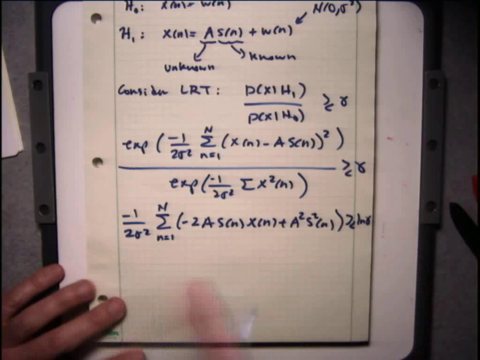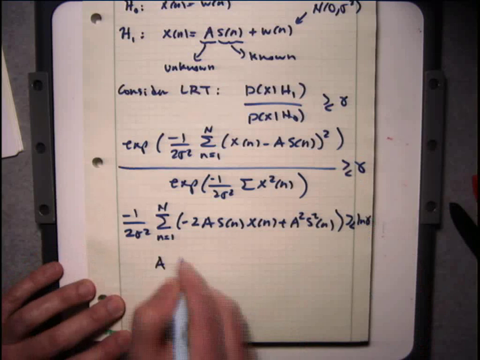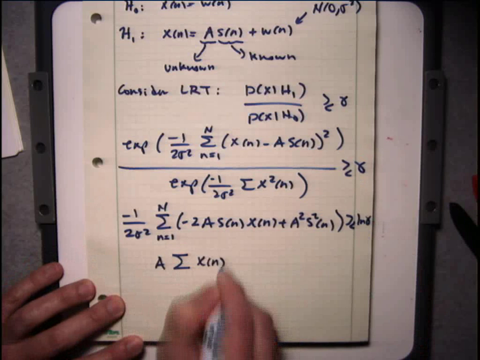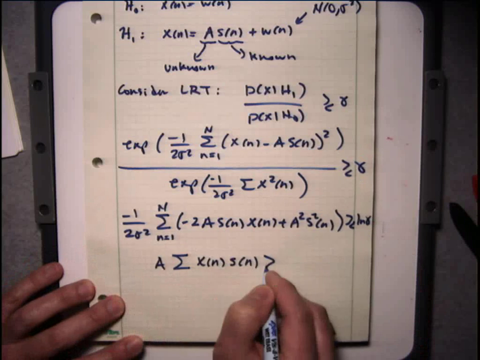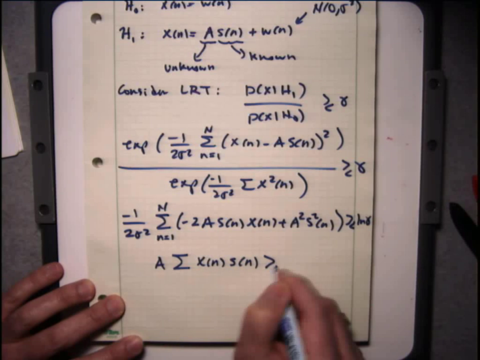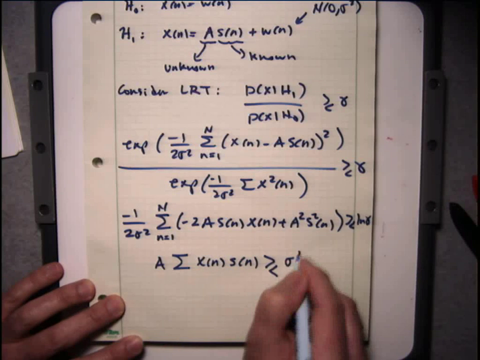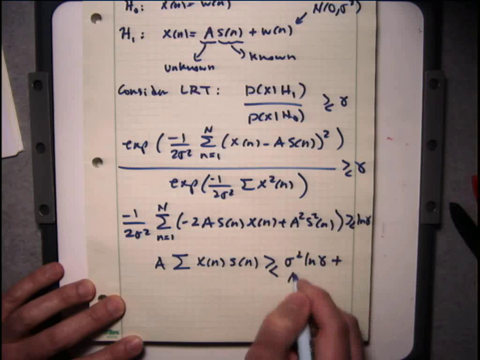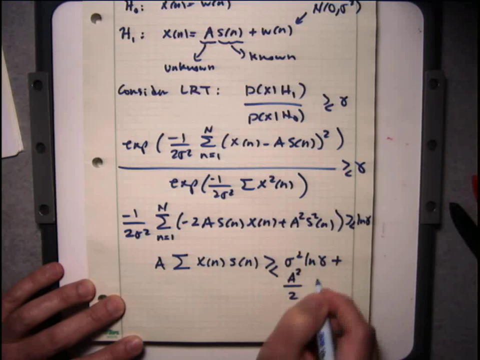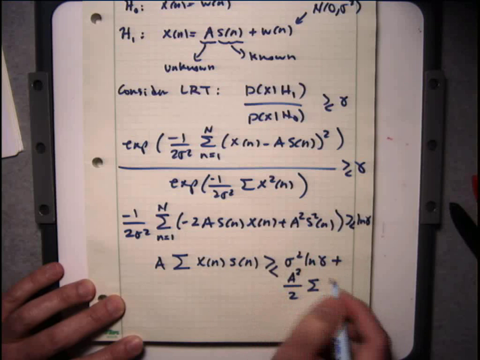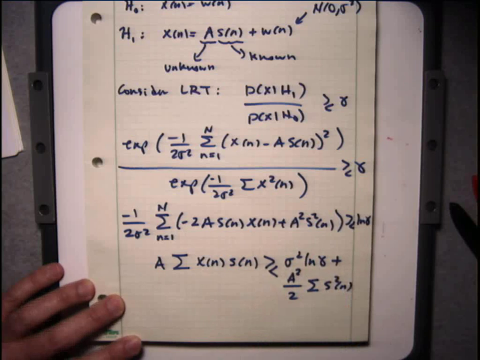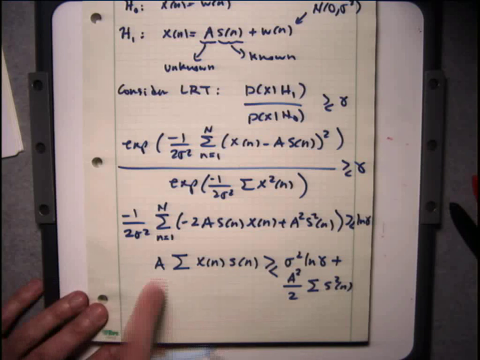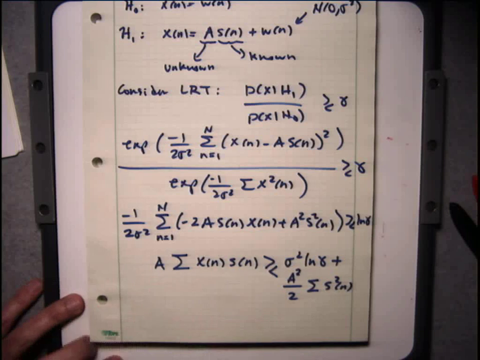To simplify it one more step, what you get is A times the sum of x of n s of n compared to sigma squared log of gamma plus A squared over 2 times the sum of s squared of n. So this whole thing is a threshold. Now, I have intentionally left A on this side for a particular reason.